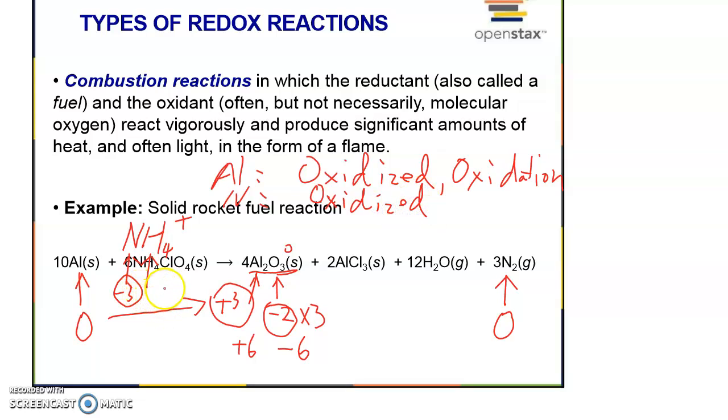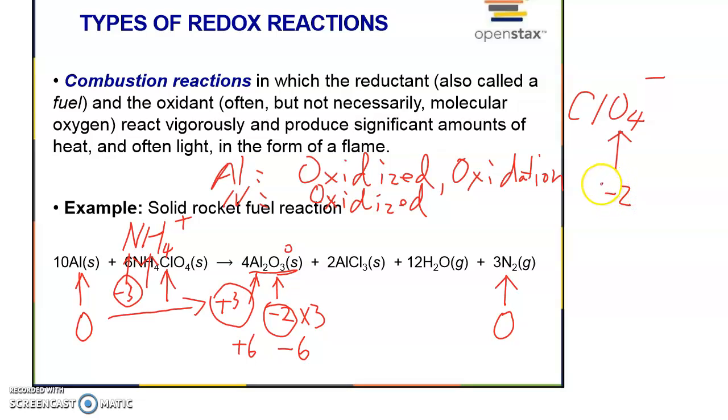Okay, let's look at the other one. Let's look at chlorine over here. ClO4 is going to carry a -1 charge, and oxygen, as we have mentioned before, loves to have a -2.